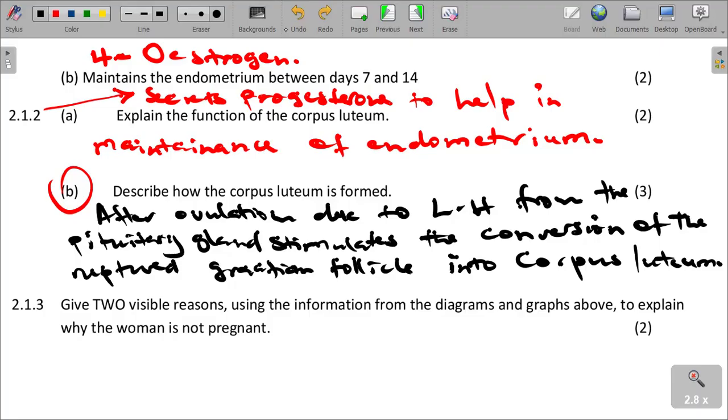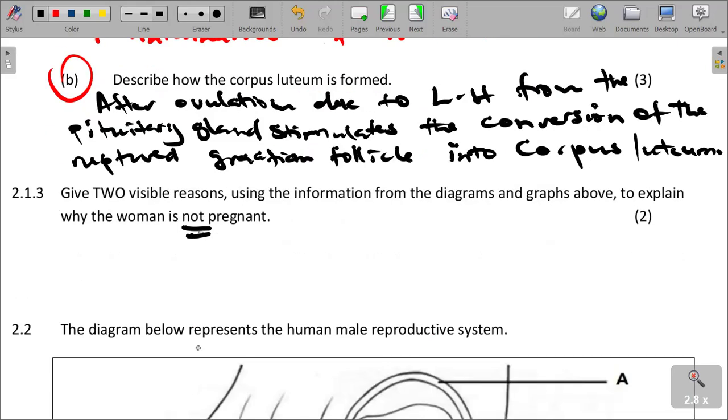Give two visible reasons using the information from the diagrams and graphs above to explain why the woman is not pregnant. Let's look at the diagram.